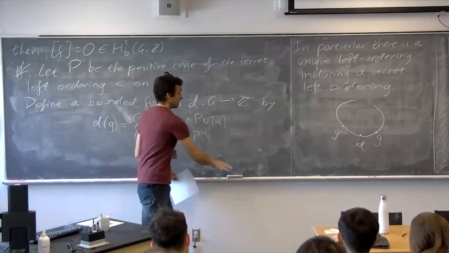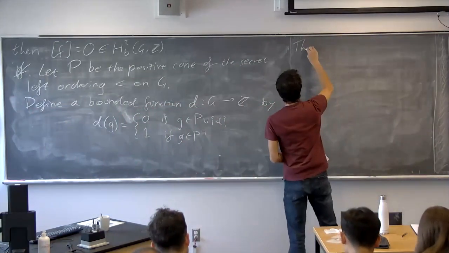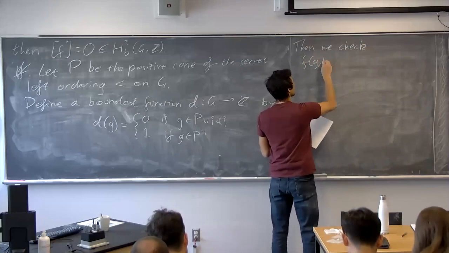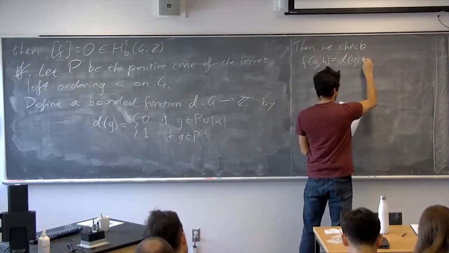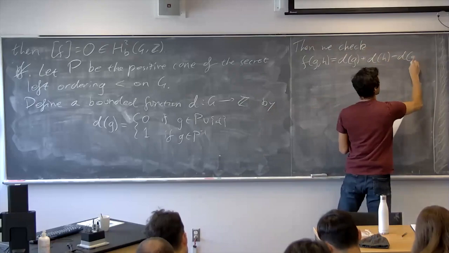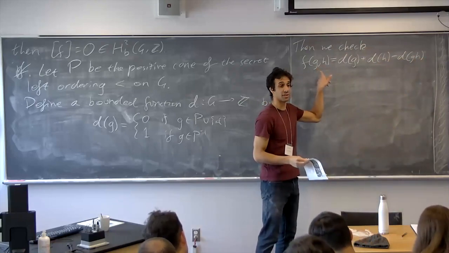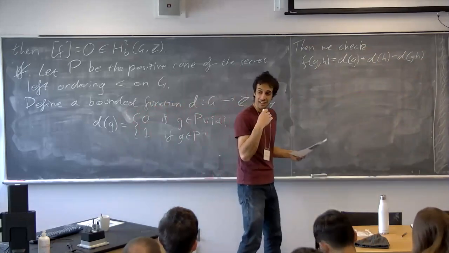Bounded, it maps to Z. And then we check that F of GH is equal to D of G plus D of H minus D of GH. This is what you have to check to show that this is actually trivial in bounded cohomology. It's equal to a coboundary.